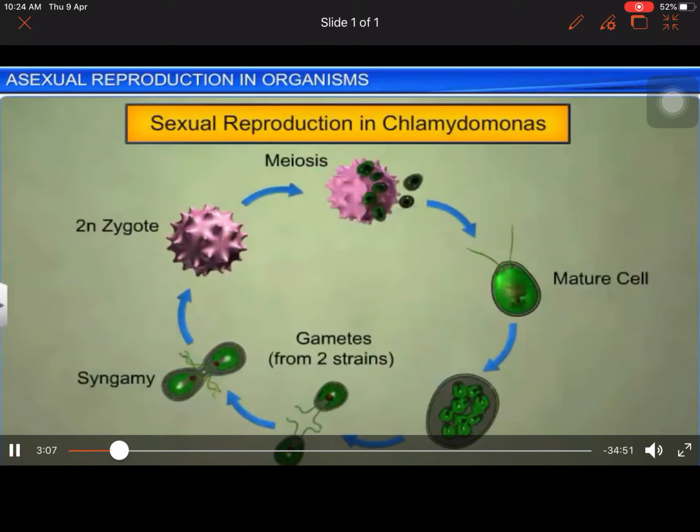However, during unfavorable conditions, Chlamydomonas, as well as other types of fungi and algae, undergo sexual reproduction.